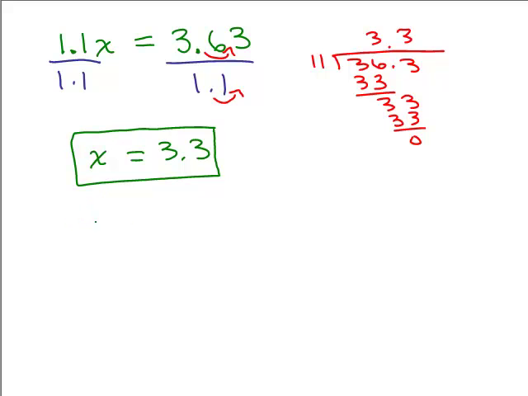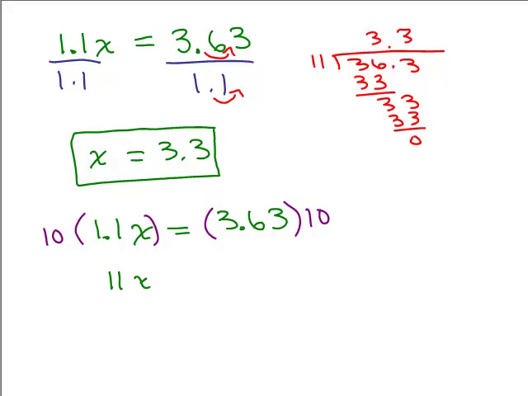Okay, so let's do it the other way I brought up. We can multiply both sides by 10 in the first place so we have a whole number in front of the x. So we'll do 10 times 1.1x, and then we also have to do 10 times 3.63, and that will give us 11x equals 36.3.